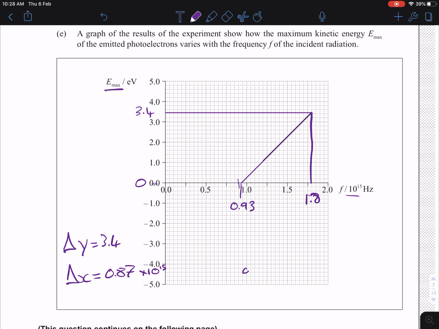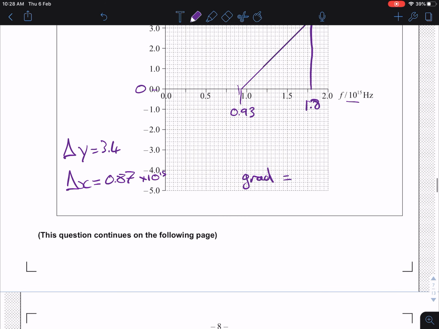So the gradient must equal the change in y over the change in x. So 3.4 divided by 0.87 times 10 to the 15, which gives us 3.91 times 10 to the minus 15.